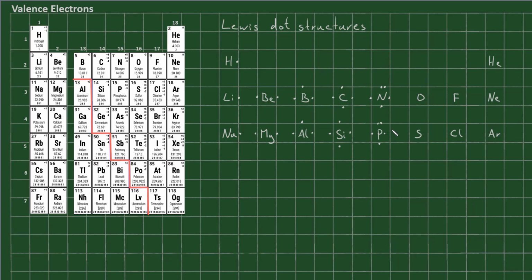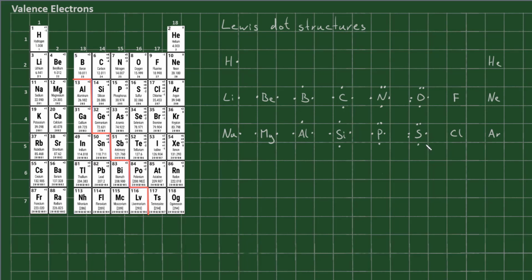Okay, what about group 16? Well, now I need to take care of 6 valence electrons. So same process as before, 4 electrons, pairing up and pairing up again. So in this case, I have 2 unpaired electrons and 2 pairs of electrons. The same is true for sulfur, 1, 2, 3, 4, and 5 and 6.